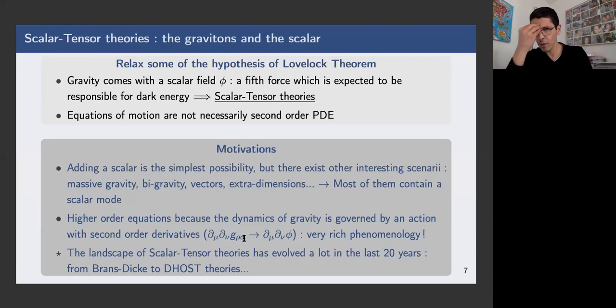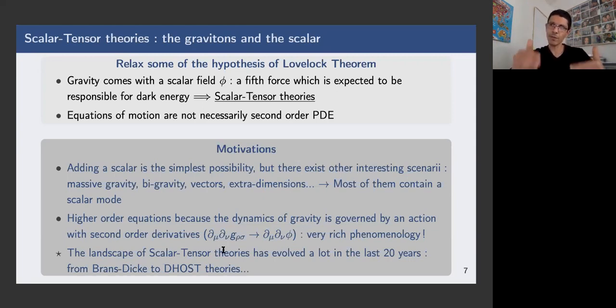So the idea is that if we want a scalar tensor theory where the metric is somehow playing the same role as the scalar, we expect actions to depend on second derivatives of the scalar field as well, just to mimic what is happening with general relativity. And if we introduce second derivatives of the scalar in the action, we will get naturally higher order equations. And we are going to see that we can do that in a very precise way, and this will lead to a very rich phenomenology that I will explain a bit later as well.